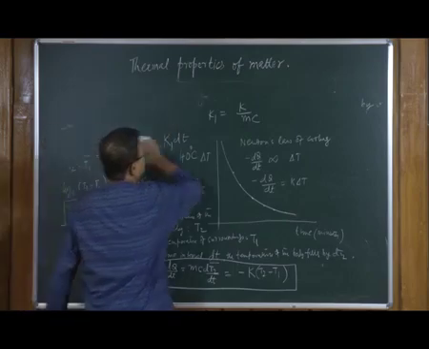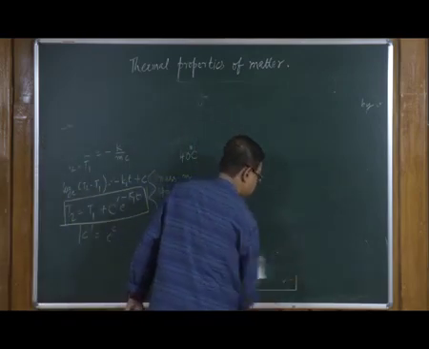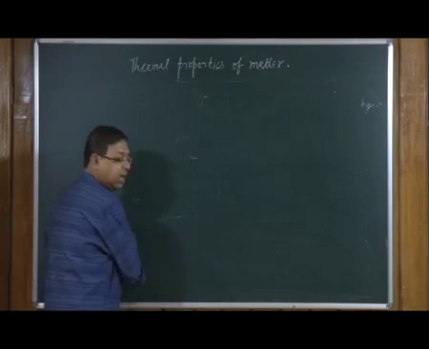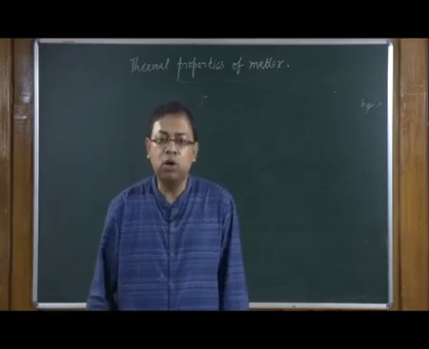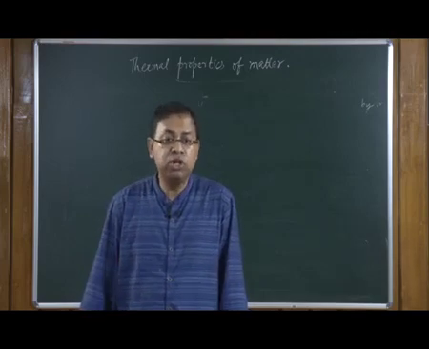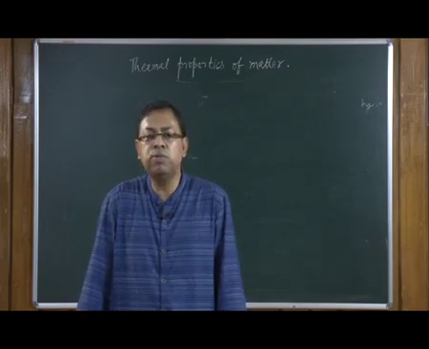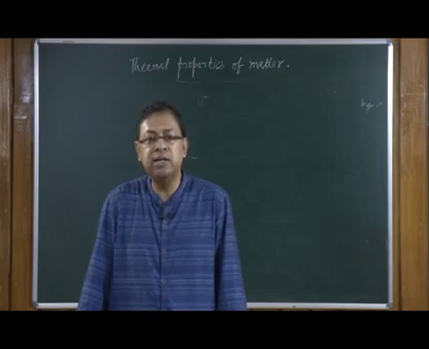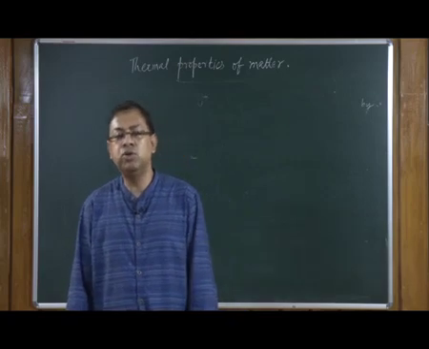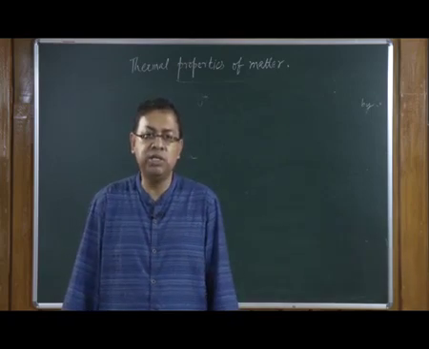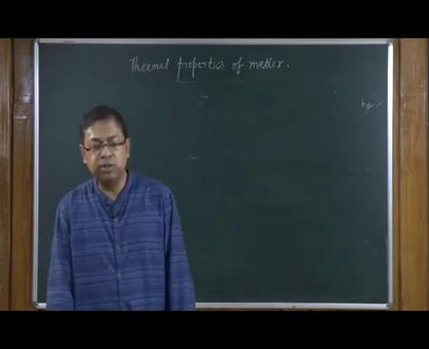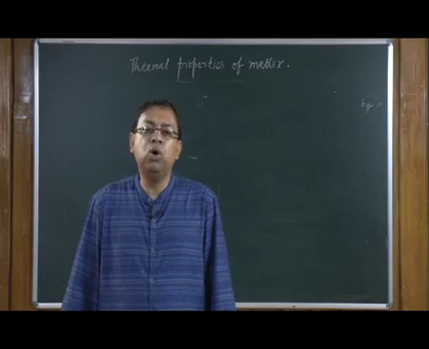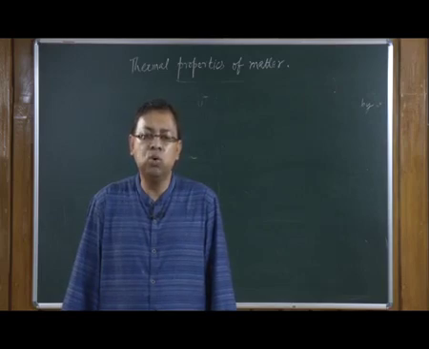We have talked about heat being a form of energy, and we have talked about the concept of temperature, and different temperature scales such as Celsius and Fahrenheit, and then we have also introduced the Kelvin scale of temperature, which emphasizes the concept of absolute zero, below which nothing can be cooled.